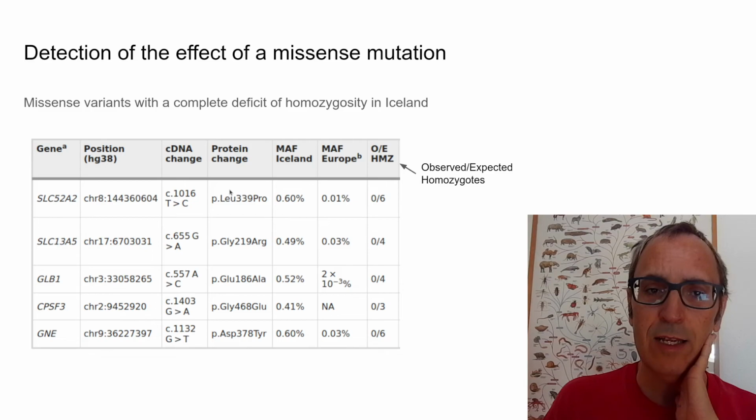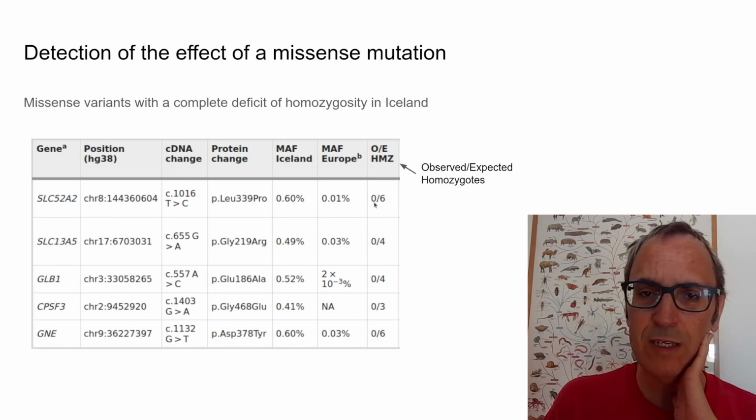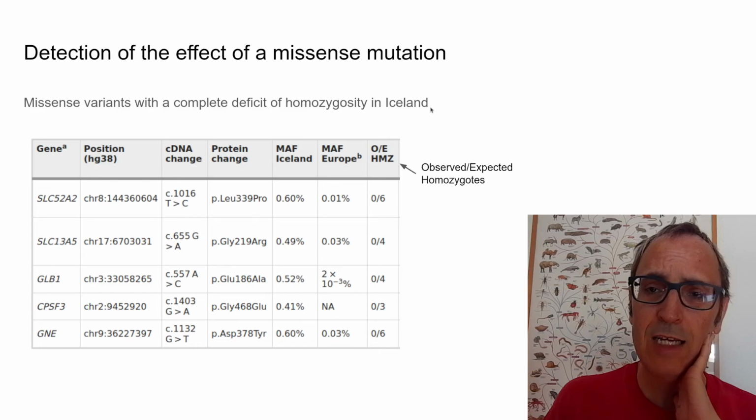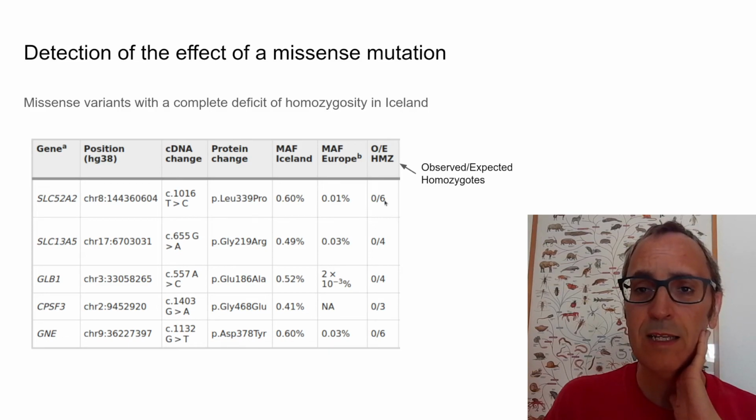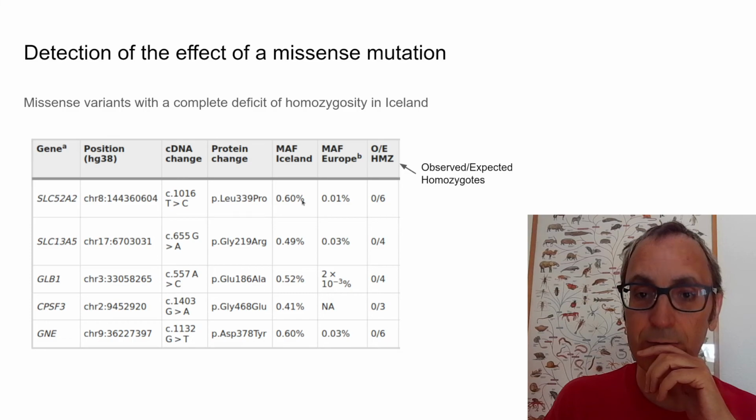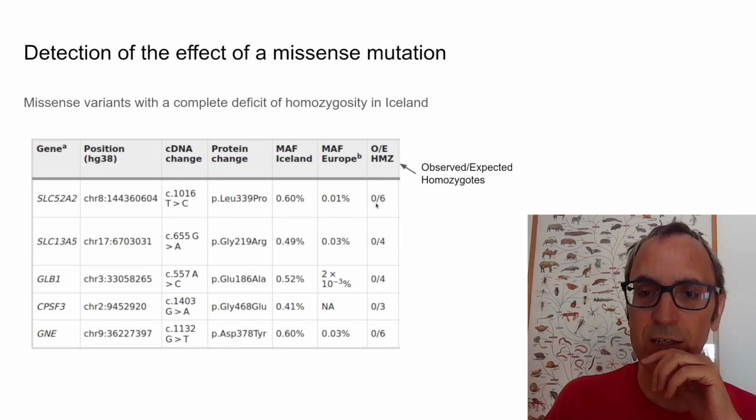They did that for several genes, and they found that in several genes in the human genome, there are 0 homozygous in the Icelandic population. You can calculate how many homozygous individuals you would expect according to the allelic frequency, and you see there's none in the population.